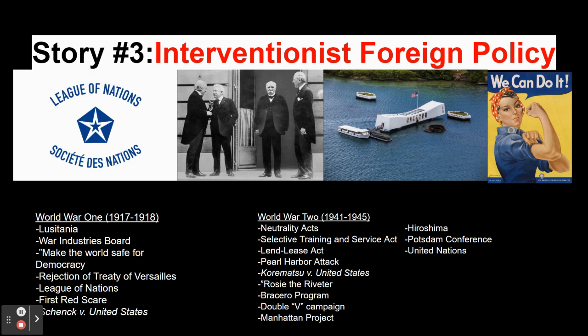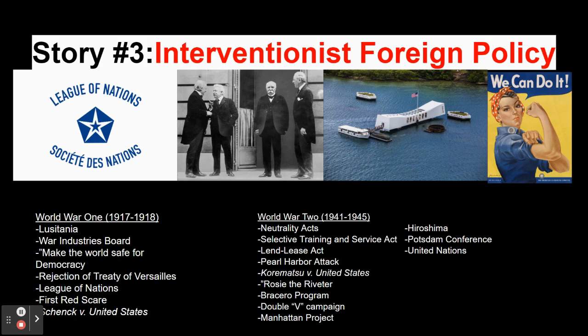It also changes America's foreign policy here. And so the United States becomes completely embedded in World War II. We're going to fight on two separate fronts, both over in the Pacific and over in Europe. And as that war winds down by 1945, it's going to completely reshape American foreign policy.